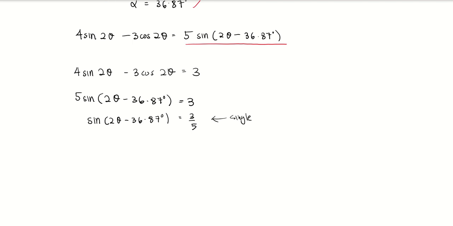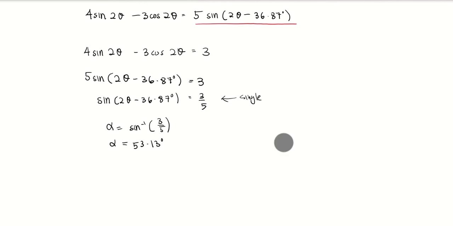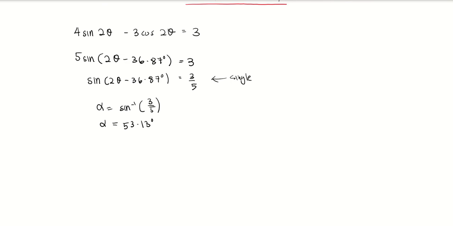Alright, to solve a single equation, first we find the basic angle alpha. Alpha is arcsine of 3 over 5, so this is 53.13. This is alpha, and we find the solution for 2 theta minus 36.87.